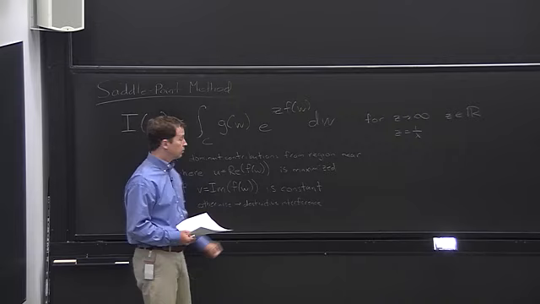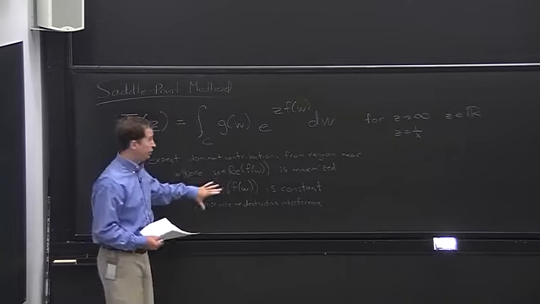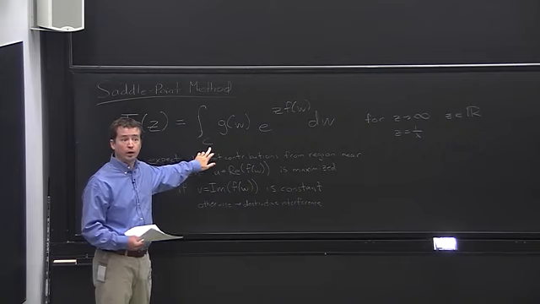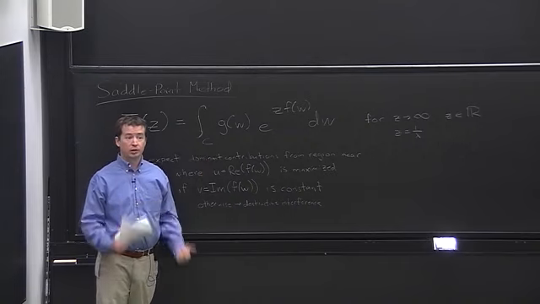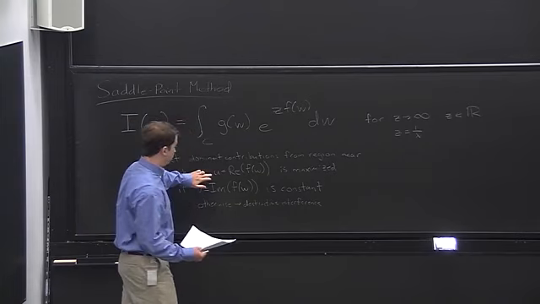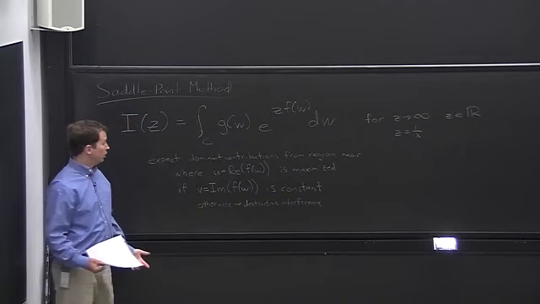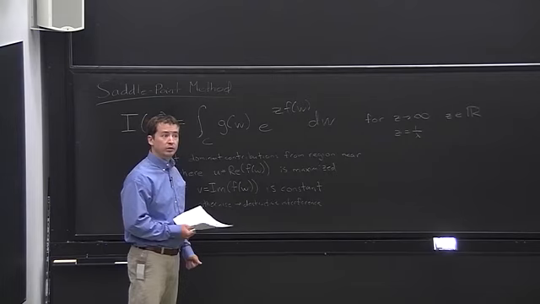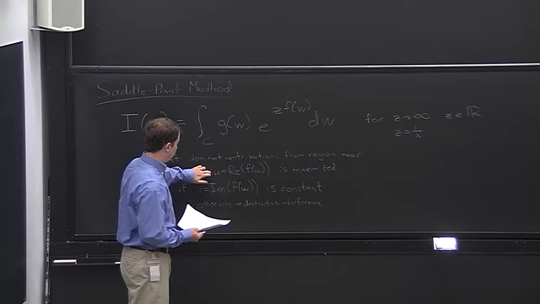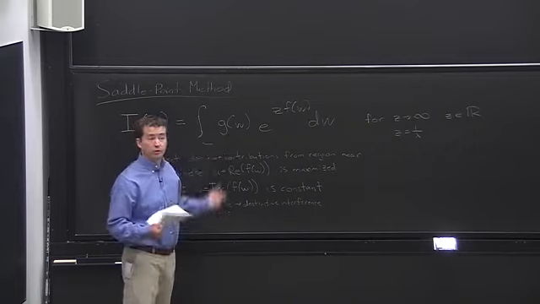is constant. And so in general, the first thing we want to do if we have an integral of this form is deform our contour into a constant phase contour. If we do that first, then we can basically apply the method we looked at last time when we studied Stirling's approximation, because the phase then will be constant, and we can just look at where the magnitude of the integrand is largest.